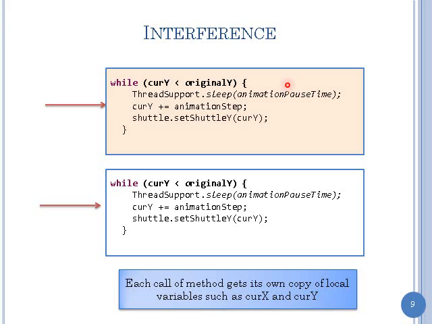So we have this loop being called twice. We have two threads that call the same method at the same time, essentially. Each time, this particular method has this variable called current y.